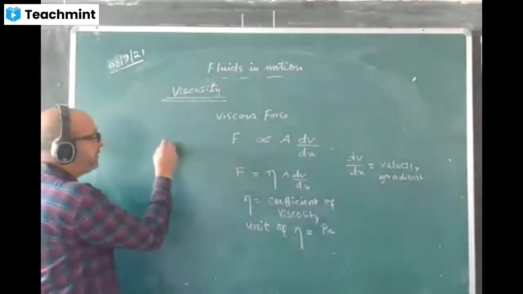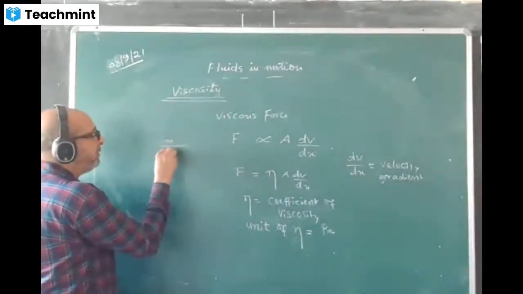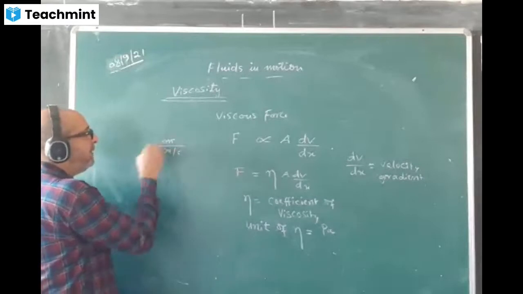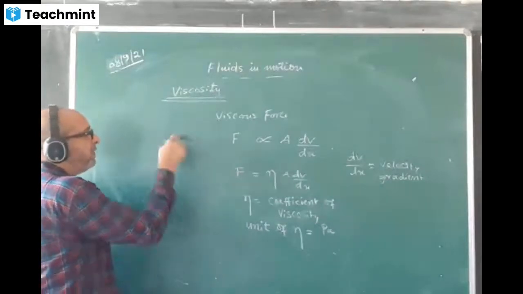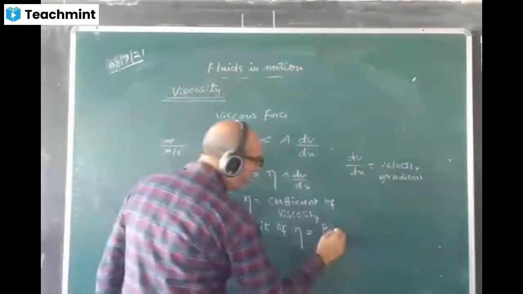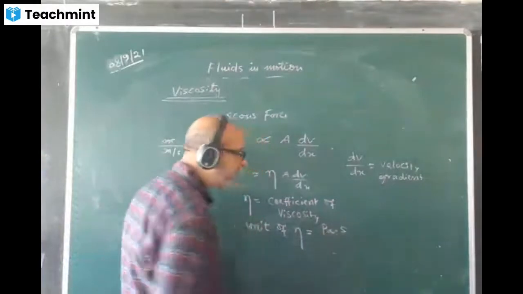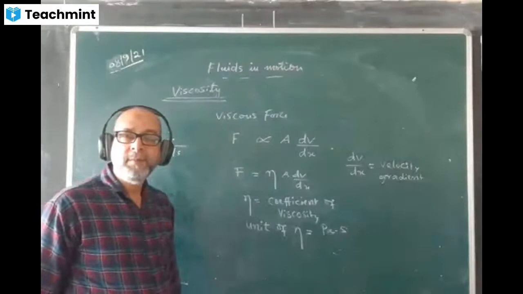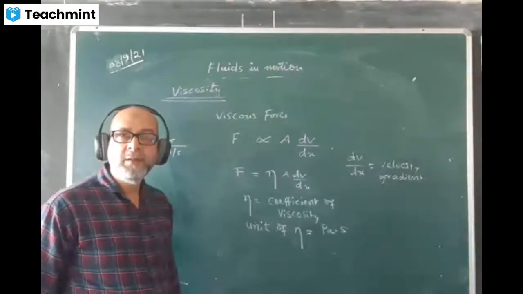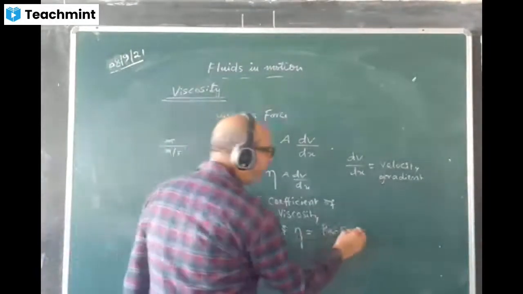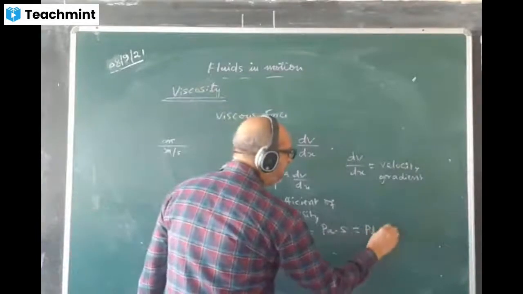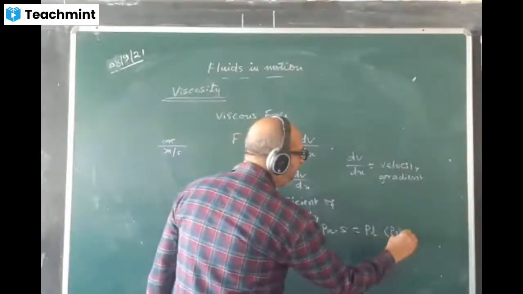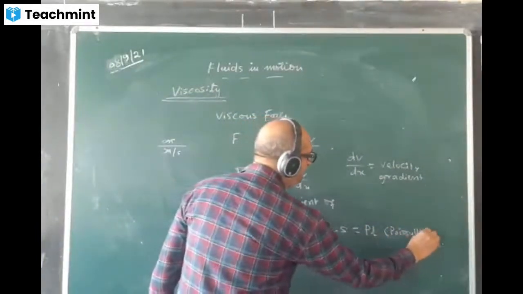Distance is in meter and velocity is meter per second. Meter will go, and second will come up. It will become Pascal second, Pa s. This is also written as PL, called Poiseuille.